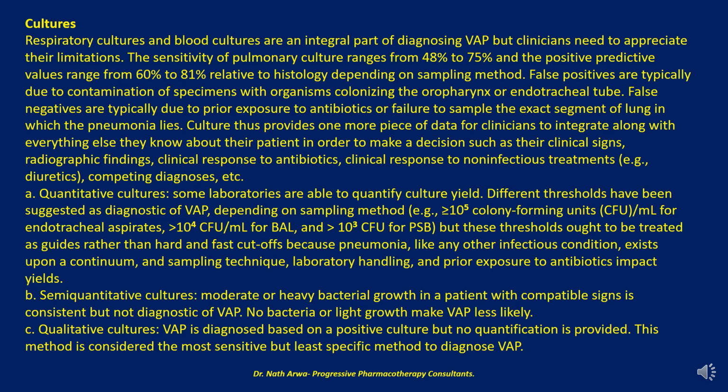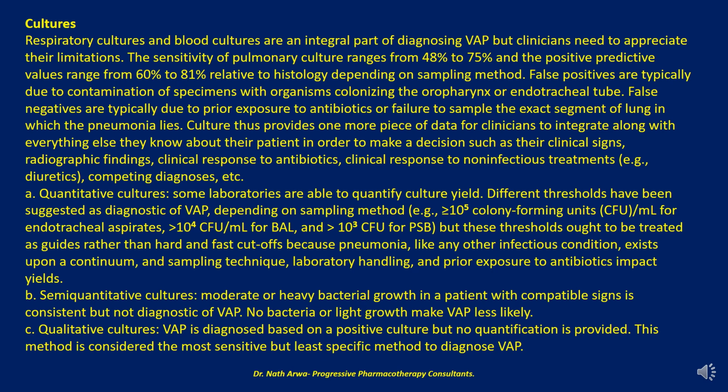But these thresholds ought to be treated as guides rather than hard and fast cut-offs because pneumonia, like any other infectious condition, exists upon a continuum, and sampling technique, laboratory handling, and prior exposure to antibiotics impact yields.